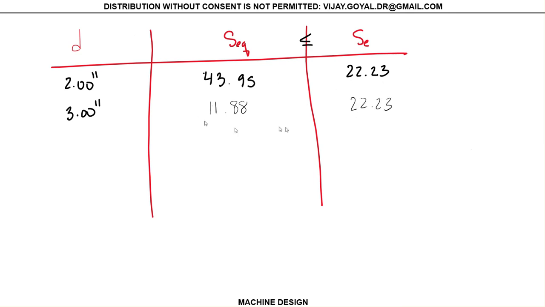This is not supposed to change, as expected. So let me write this again: 11.88. So you can see that it actually is bound with these values, and I'm going to keep iterating.